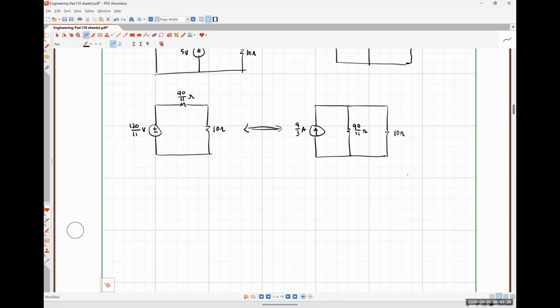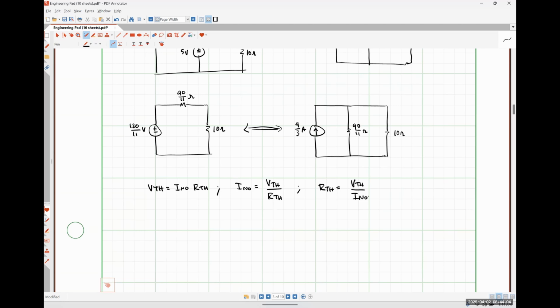So essentially what we have is our Thevenin voltage is equal to our Norton current times our Thevenin resistance, or our Norton current could be expressed as our Thevenin voltage over our Thevenin resistance, or our Thevenin resistance could be expressed as our Thevenin voltage over our Norton current. So essentially, if we can find all three of those quantities, we have a way to check our work, right?